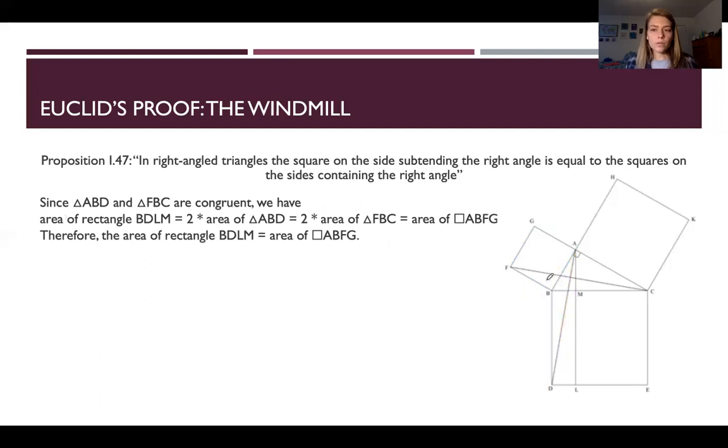Since those two triangles are congruent, we can set up an equality so that the area of rectangle BDLM is 2 times the area of ABD, which, since the triangles are congruent, we have the area of FBC equal thus to the area of ABD. So we have what we proved in part 1, which is that the area of rectangle BDLM equals the area of this square ABFG. And that's what part 1 proved by setting up triangles.